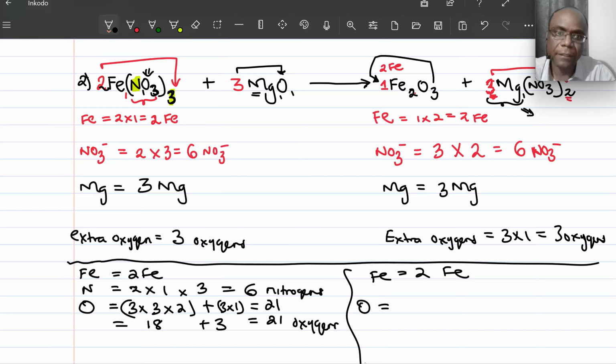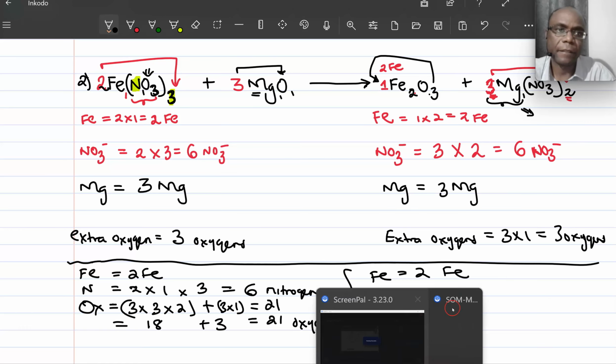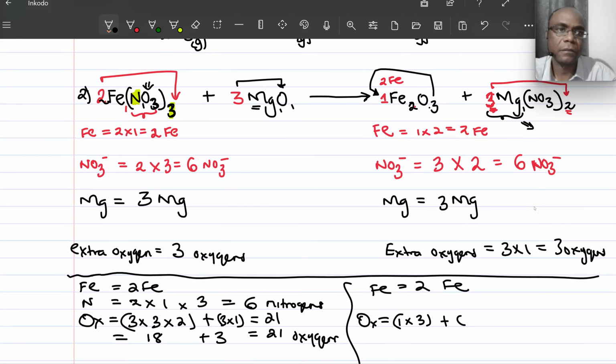Oxygens on the right side, those are the oxygens we are talking about. We have 3 times 1, or 1 times 3, plus, and then down here we have 2 times 3 times the red 3. So you have 3 times 3 times 2.